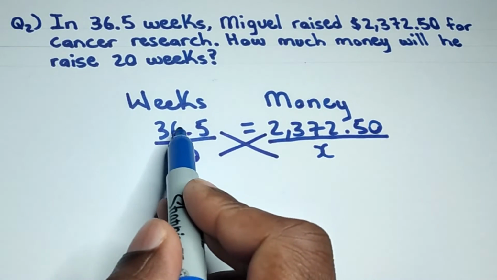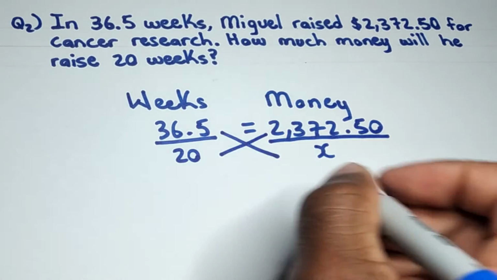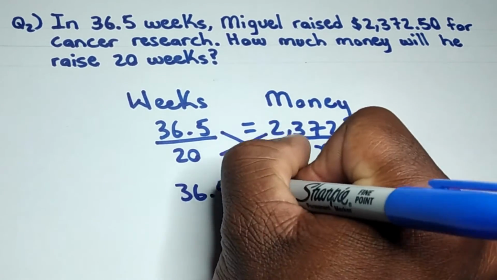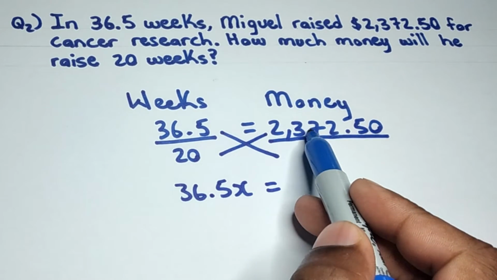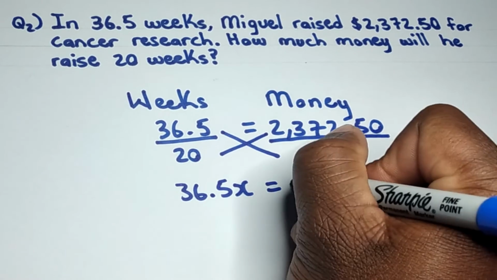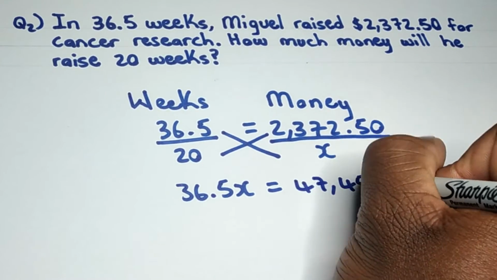So we'll have what? 36 and a half times x, or 36.5 times x. That will give us 36.5x, which will be equal to 20 times 2,372.50, which will give us 47,450.